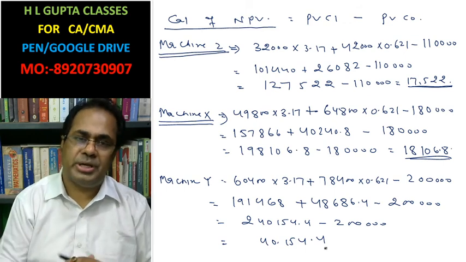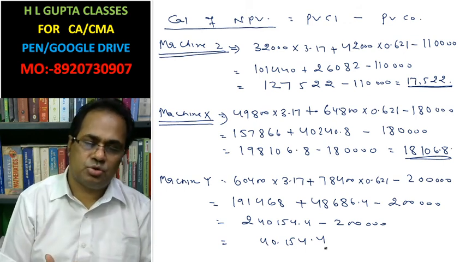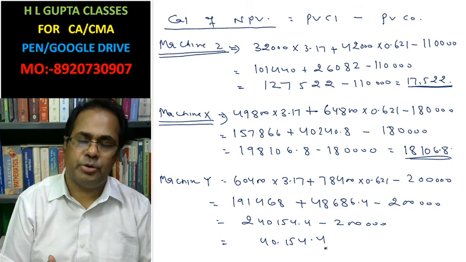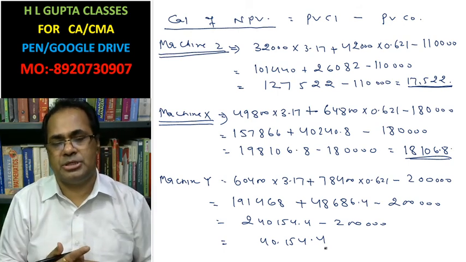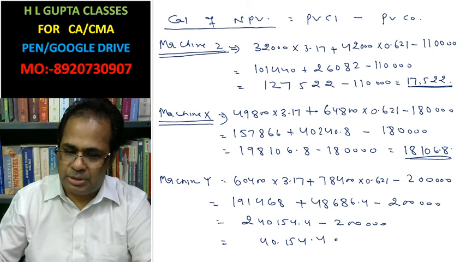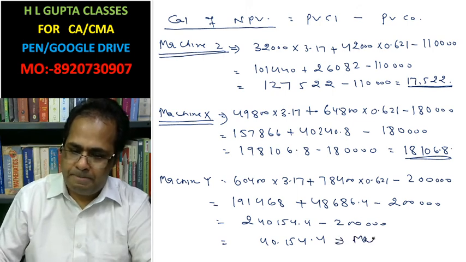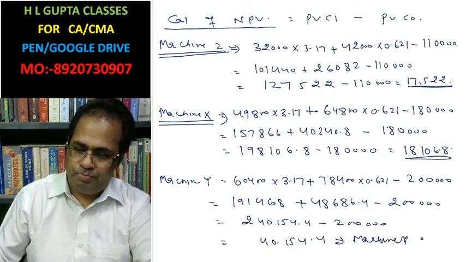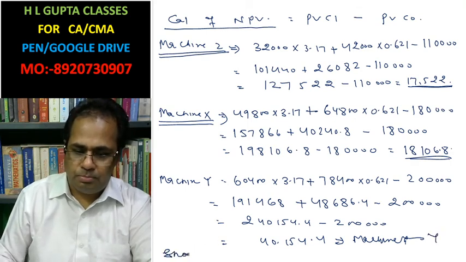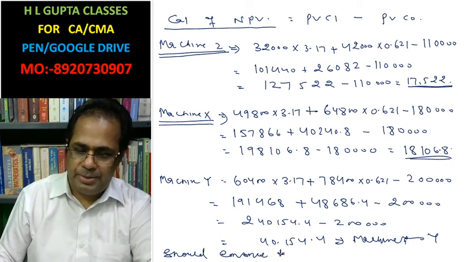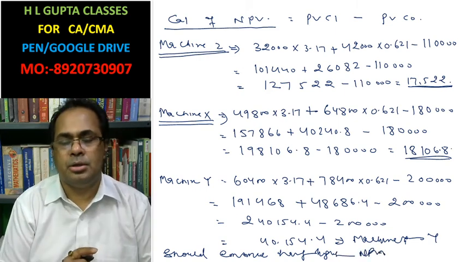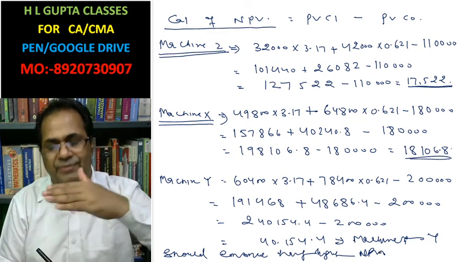On the basis of net present value, machine Y should continue and machine Z should be replaced. Machine Y should continue because of having the highest net present value. But in the given case, the investment is different.